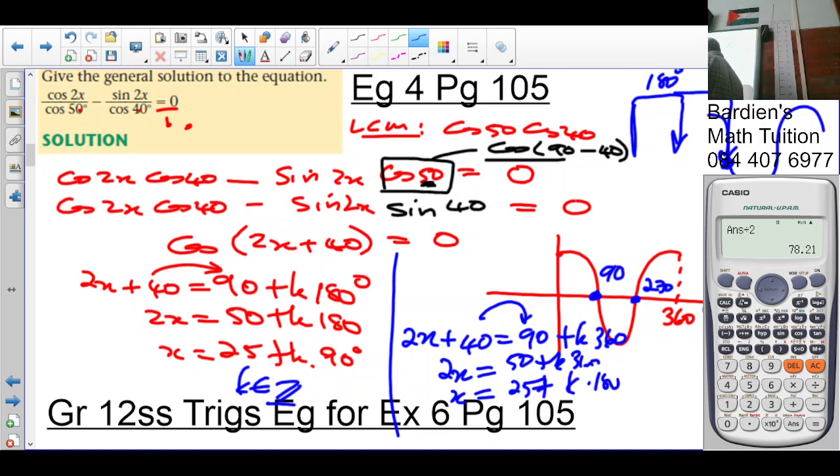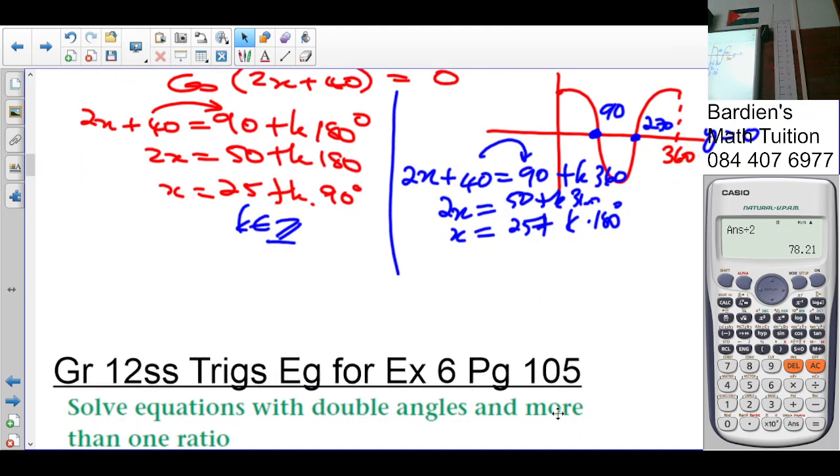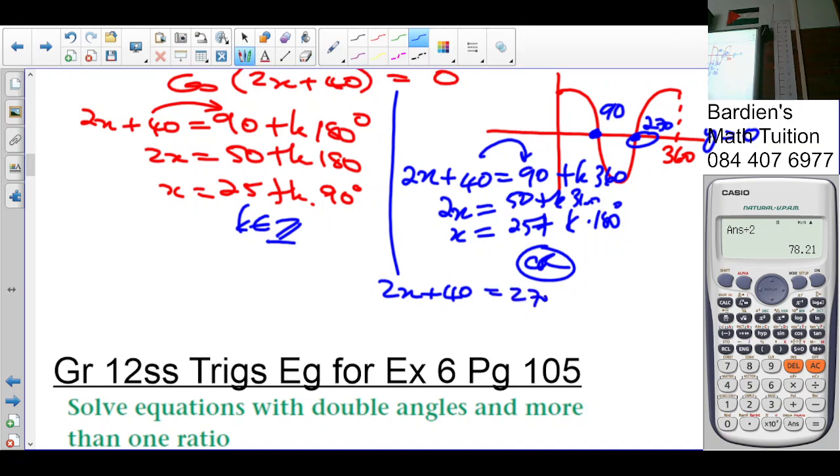Or the other one, which is going to be at 270 degrees. So it's going to be 2x plus 40 equals 270 degrees plus k times 360.